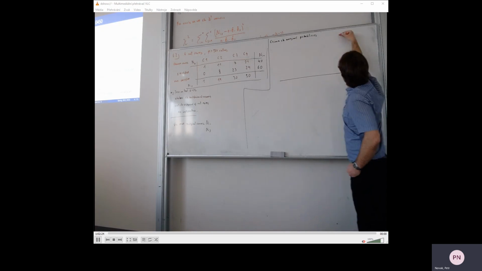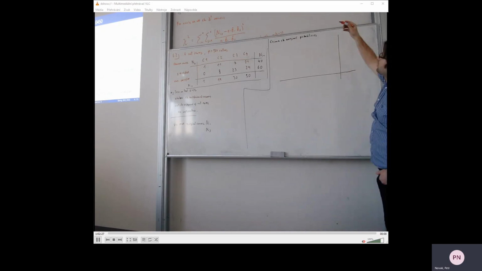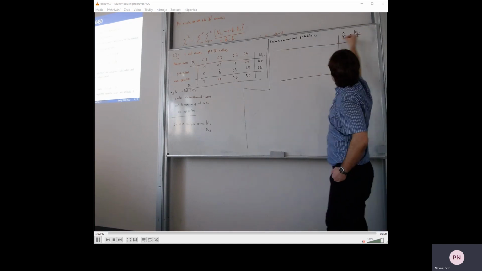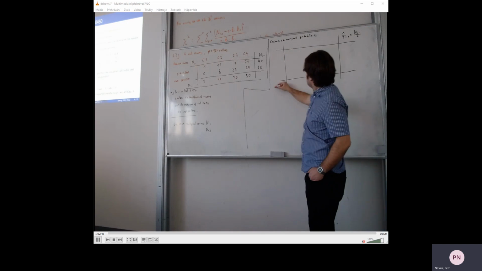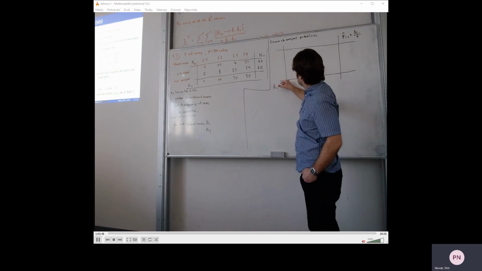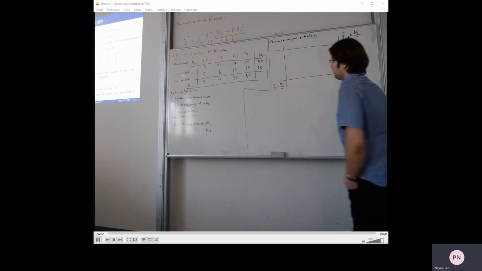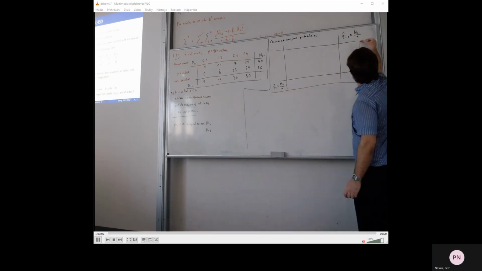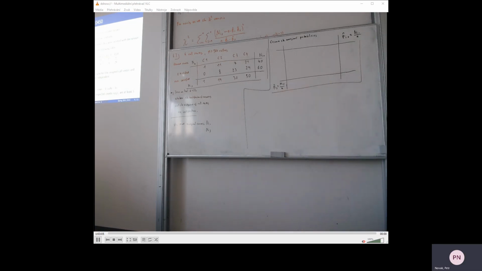Yeah, the marginal probabilities, as we have seen, are just P_i• = N_i•/N and P_•j = N_•j/N. So we just take the numbers which we have there on the edges and divide them by 100.